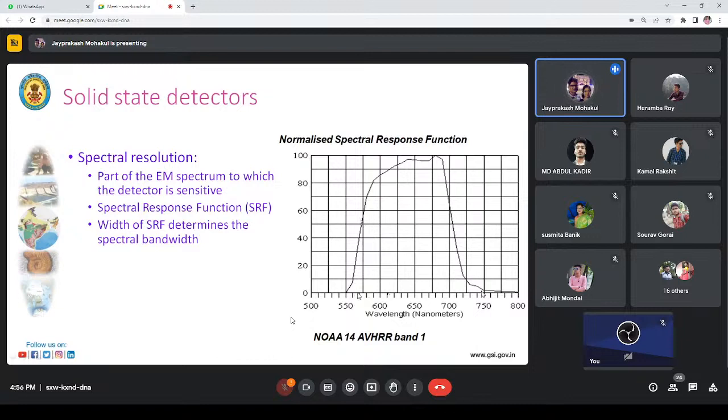The effective range is from the half minima, from 575 to 705 nanometers maybe. So this is the effective range, the normalized spectral function. If this is the eventual curve of spectral response, then the width of the band is taken from here to here.